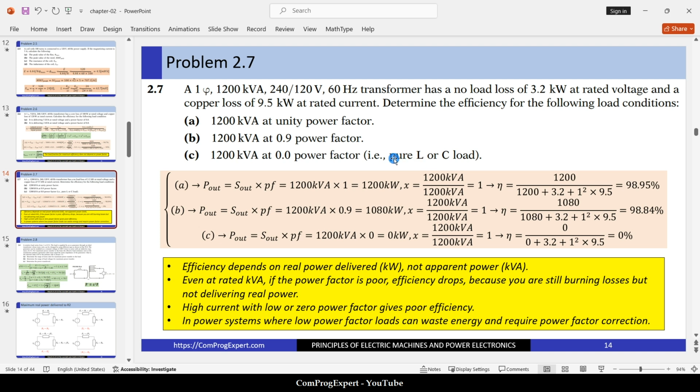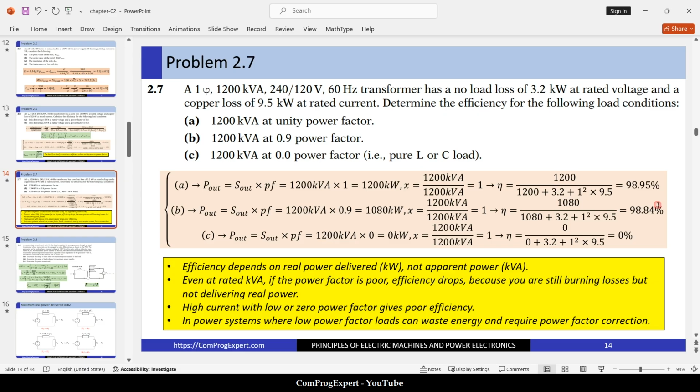So in this case, the real output power is 0, and we don't have any real output power for inductive or capacitive loads. According to the definition, the efficiency will be equal to 0, right? Because the numerator is 0 here, but still we have these losses, core loss and copper loss.